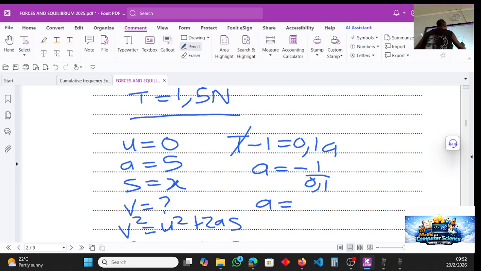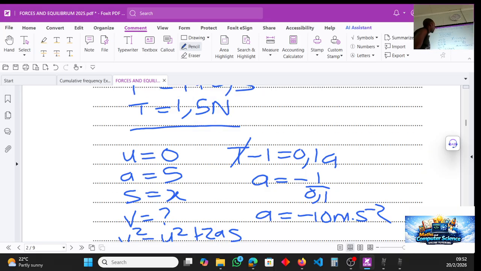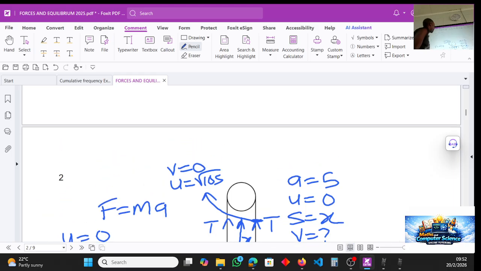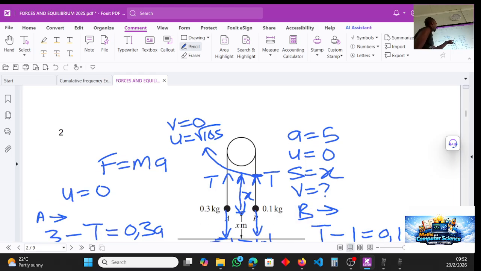In essence, a is going to be negative 10 meters per second squared, which is something that we need in our equation above, where for object B, we have v equal to 0, u equal to root 10s, and our acceleration a equal to negative 10 meters per second squared.